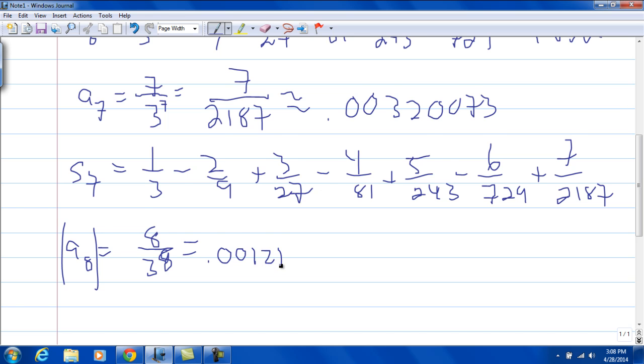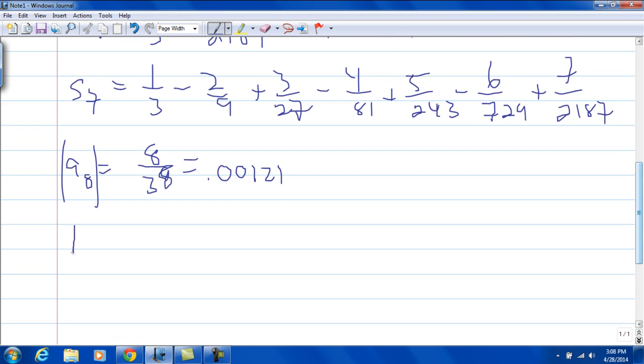Okay. So what about the A9? What's the absolute value of A9? That's going to be 9 over 3 to the 9th, which is 0.000457.